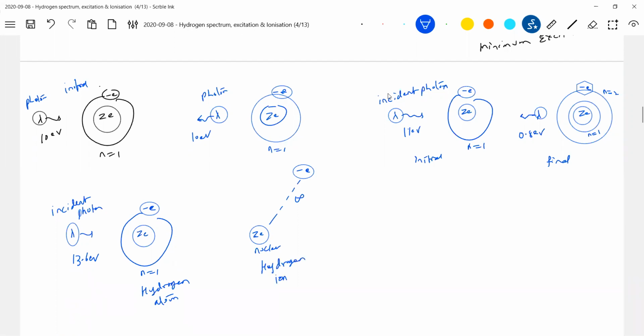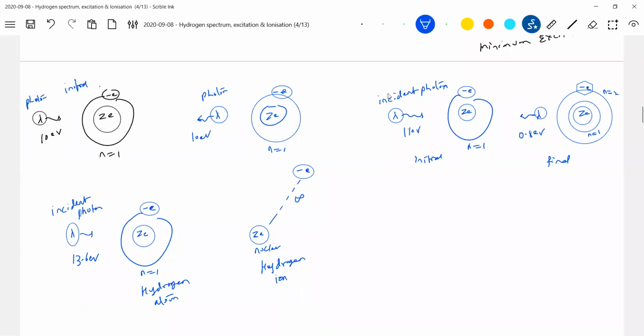Shall I say ionized? So what should be the minimum energy needed to ionize a hydrogen atom? I'm going to say 13.6 electron volt. If you supply the hydrogen atom energy equal to 13.6 electron volt, it will get ionized. That electron will become free from the influence of the nucleus, and no longer revolve around it. So it will become a hydrogen ion.